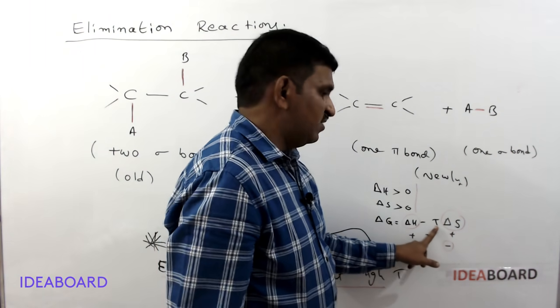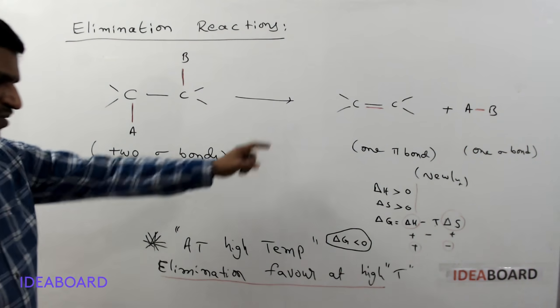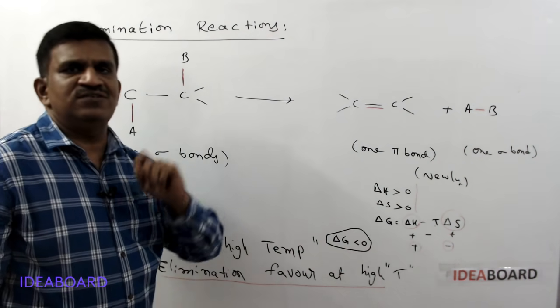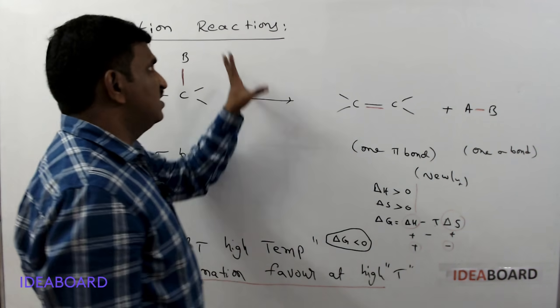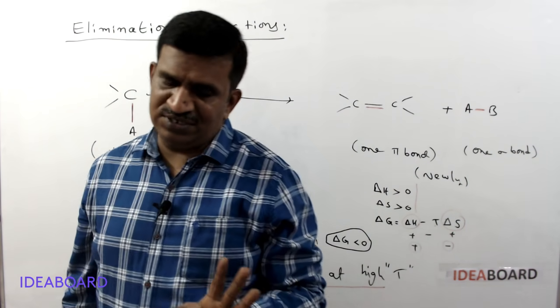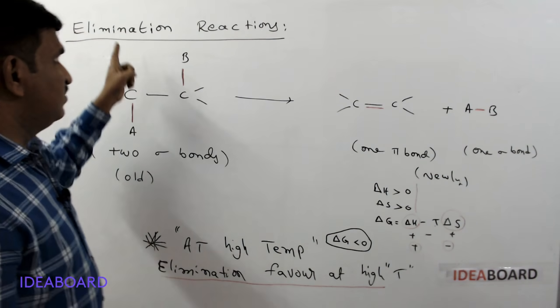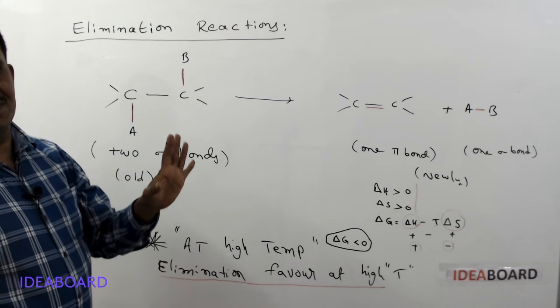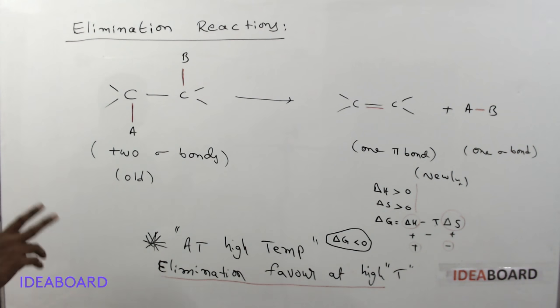So if this is becoming a higher value, then we are getting elimination reactions at delta G less than 0. For this purpose, elimination reactions are generally conducted at high temperature. Or if high temperatures are taken, then only the elimination reaction is favored or occurs. Okay, that is the first and important point.